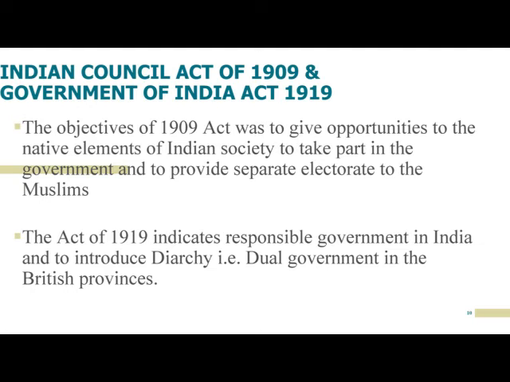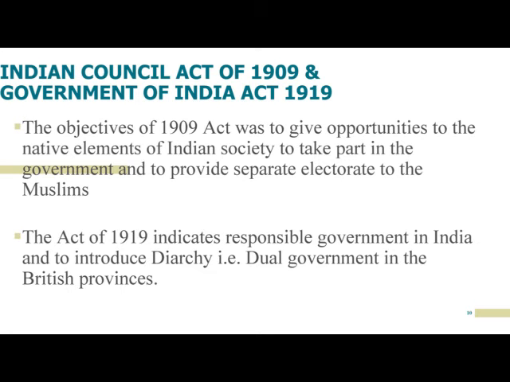In response to the demands of the Indians, a declaration was made by His Majesty's government. This declaration became the preamble of the Act, indicating the intention of the British to establish responsible government in India. This act is also known as the Montagu-Chelmsford Report.